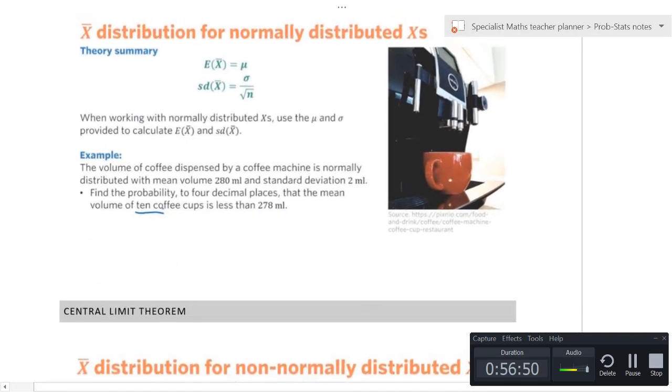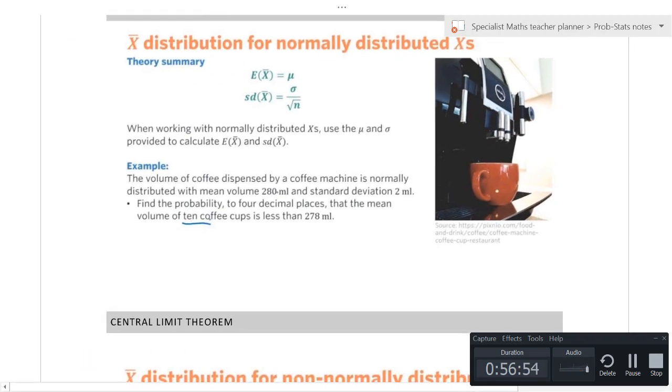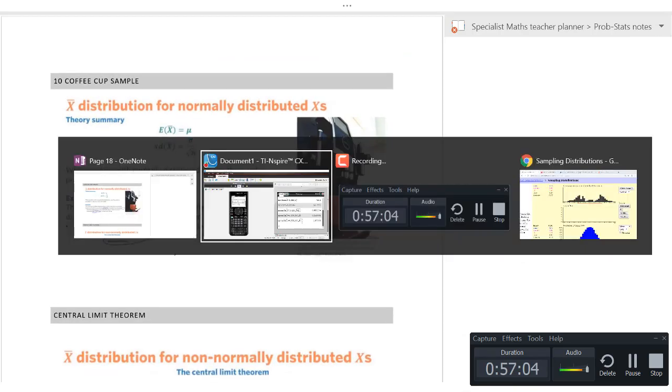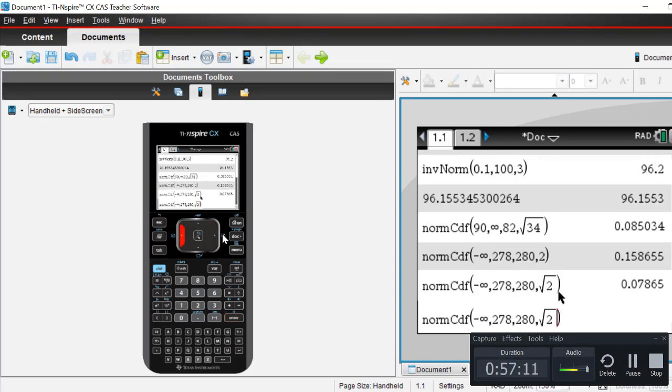If I have a look at this, the volume is now normally distributed. Same thing, but find 10 coffee cups. So once again, all we're going to do is change that. If I've got 10 coffee cups, then my standard deviation is 2 divided by root 10.